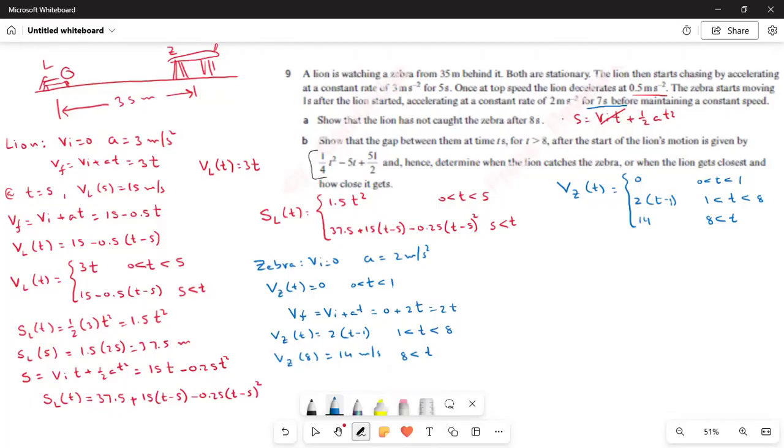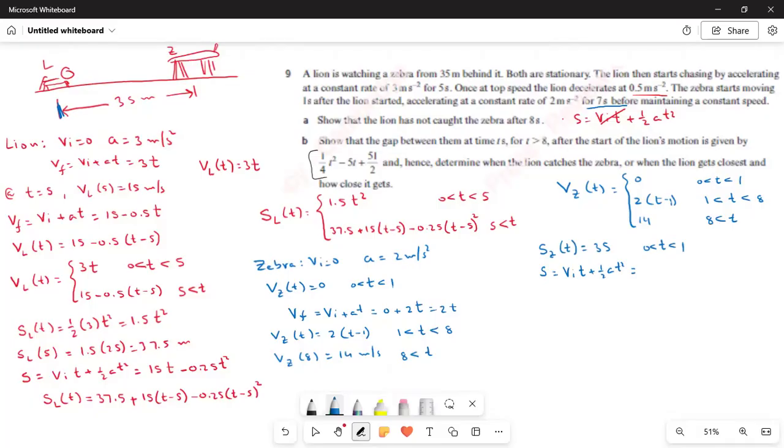Now, what about the distance traveled by zebra? Distance traveled by zebra as a function of time. You see, I'm counting all distances from the initial position of the line. So it was 35 when time was between 0 and 1, right? For the first second, its distance from the starting point, the line position, was 35. Then we know again s is equal to vi t plus half a t squared.